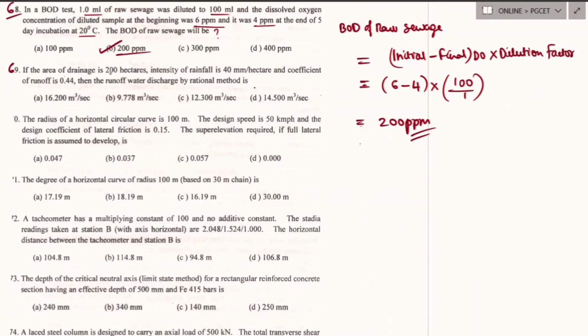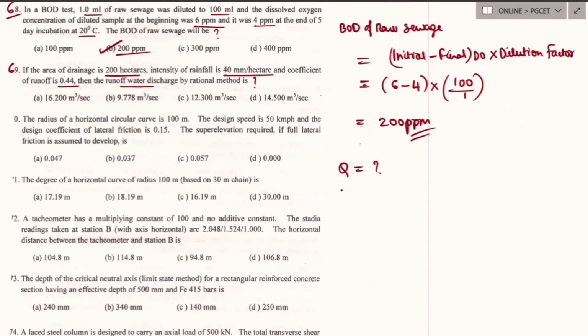Question number 69. If the area of the drainage is 200 hectares, intensity of rainfall is 40 mm per hectare and the coefficient of runoff is 0.44, then the runoff water discharge by rational method. So we have to find the runoff water discharge by rational method.